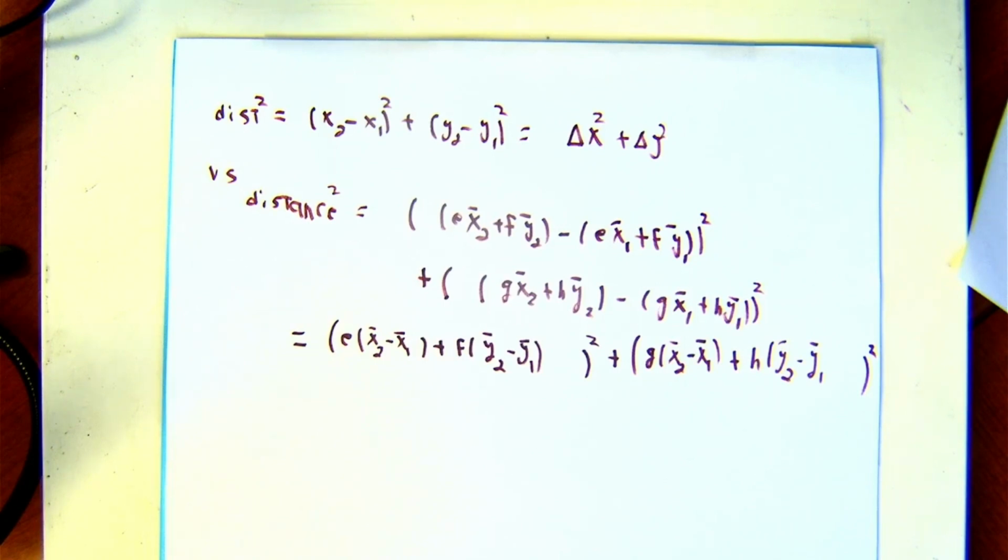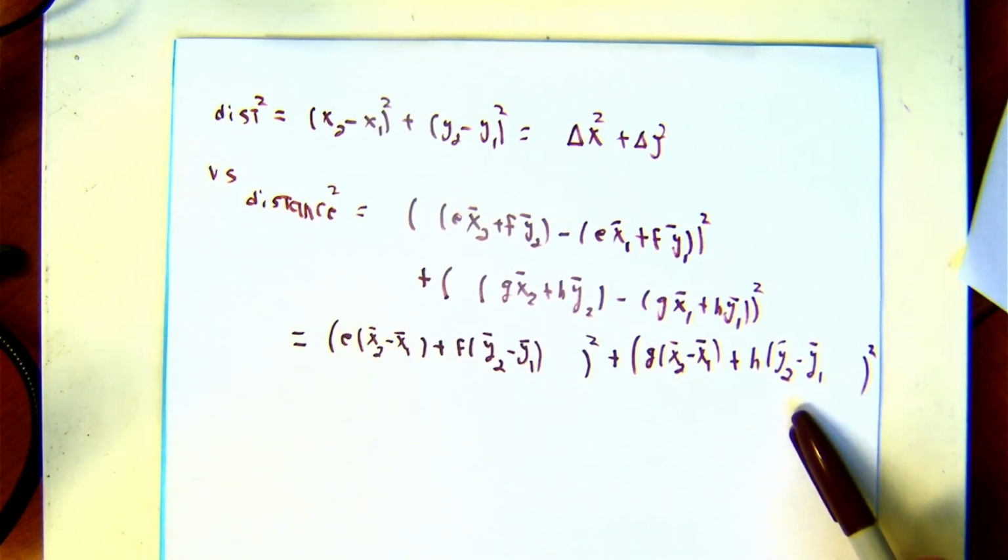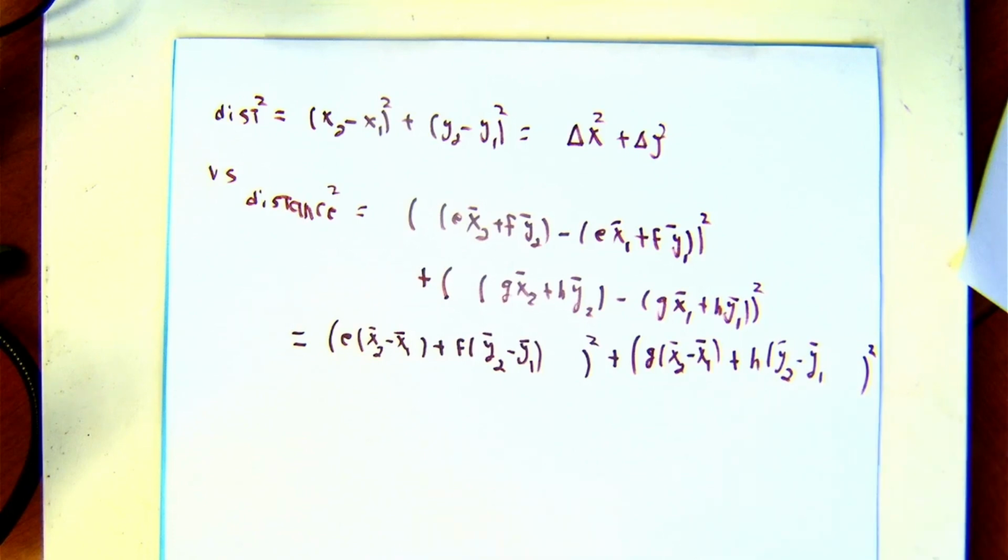I'm going to call x2 bar minus x1 bar delta x with a bar over the x. It's literally the change in x bar. I'll call y2 bar minus y1 bar the change in y bar. I'll call it delta y with a bar over the y symbol.